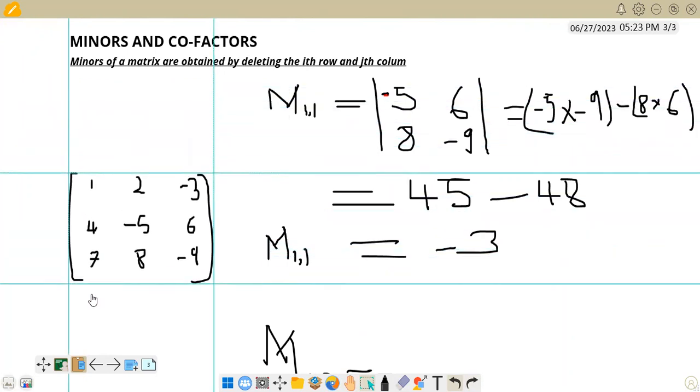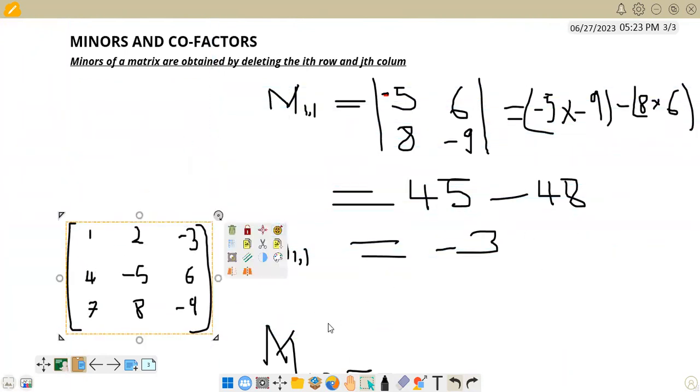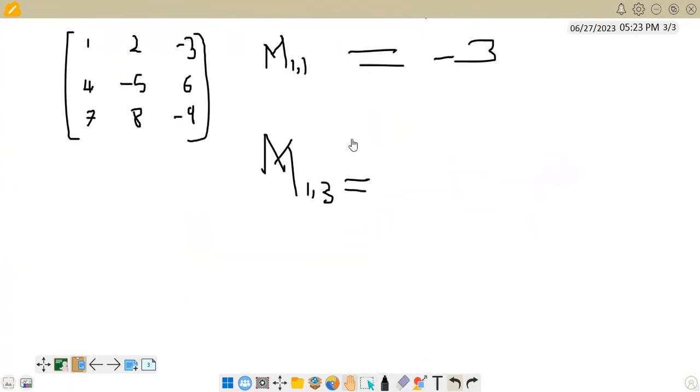Let me drag this one a little bit down so that we are able to see the elements.